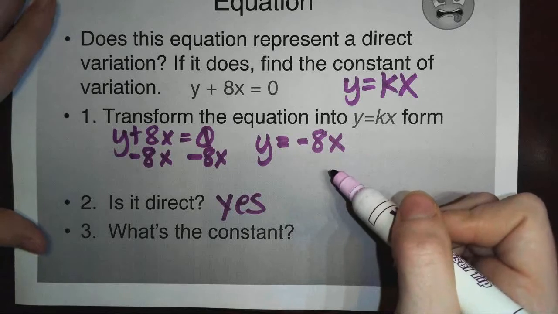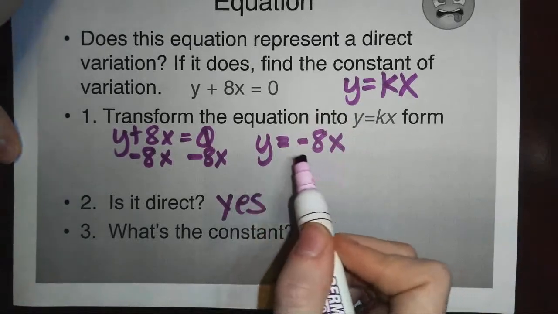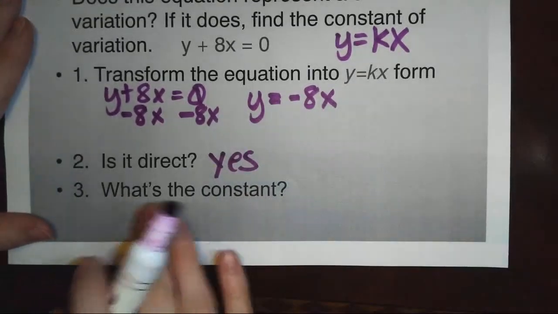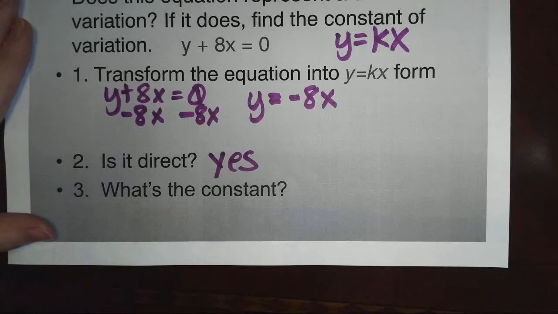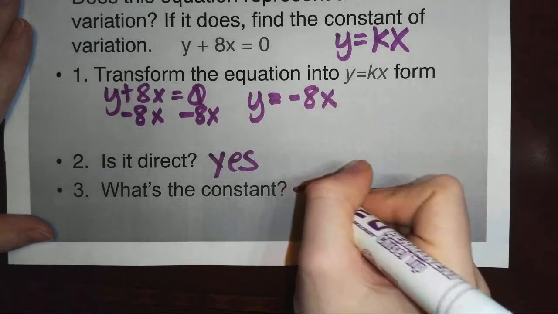Can't be dividing by x or dividing by y. You have to be able to put it in exactly this form, y equals some number times x. And then we want to know, what is the constant of variation? So to find the constant of variation, you simply look at what you are multiplying by your independent variable. And in this case, we are multiplying x by negative 8.